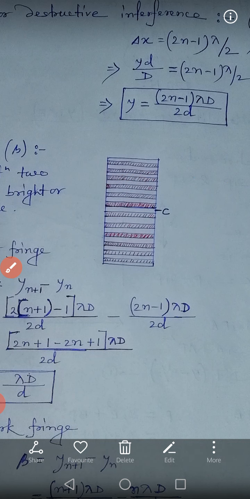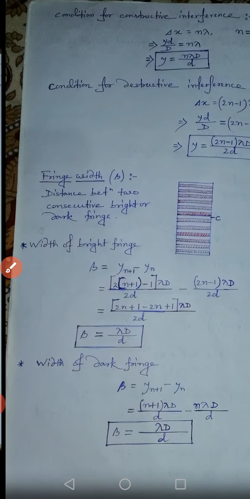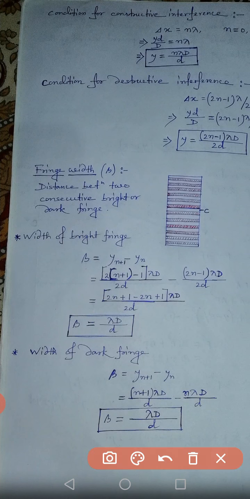So that's what we have done here. I have written here: fringe width, the distance between two consecutive bright or dark fringes. To find the width of a bright fringe, we take two consecutive dark fringes and subtract their positions. To find the width of a dark fringe, we take two consecutive bright fringes.